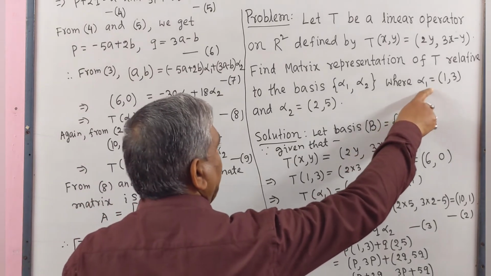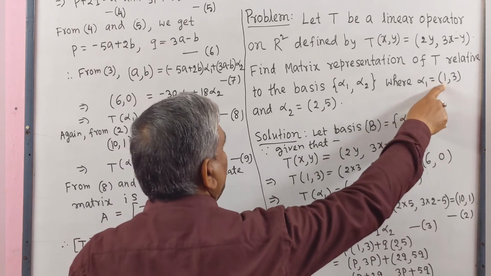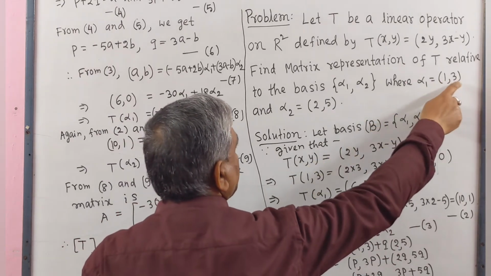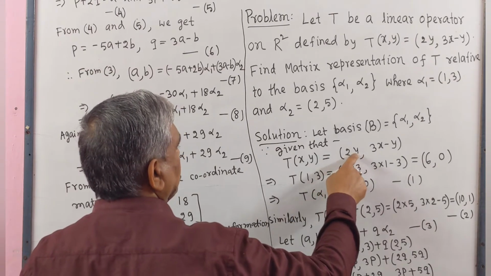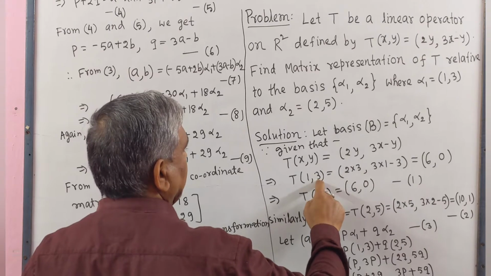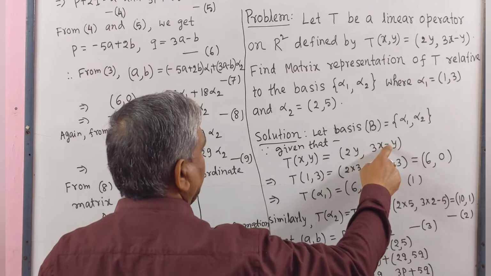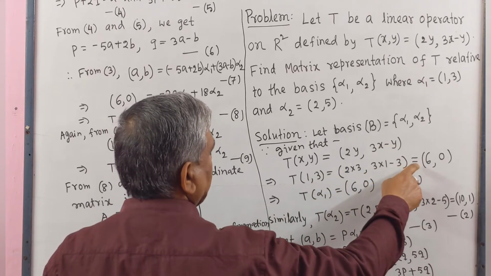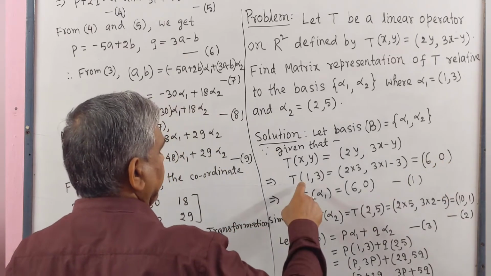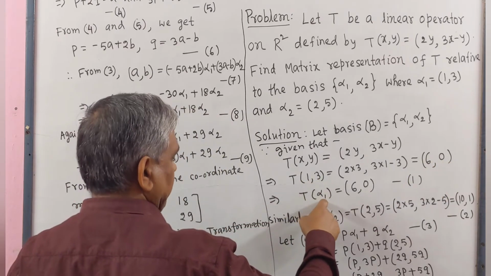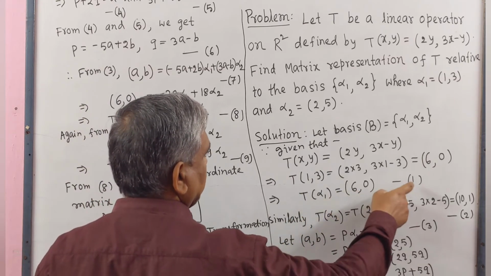Since alpha 1 equal to ordered pair (1, 3), in place of x we put 1, in place of y we put 3. Here 2y means 2 into 3 comma 3x, 3 into 1 minus y means 3, equal to ordered pair (6, 0), and ordered pair (1, 3) is alpha 1, therefore T alpha 1 equal to ordered pair (6, 0). This is number 1.